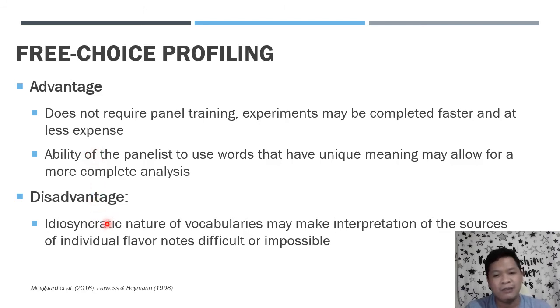Disadvantage obviously would be a harder interpretation because of the individual flavor notes. Kahit ano pang galing ng stat software mo, paano mo i-fit into the picture yung ganong klaseng terms na ano ba talaga meaning na maanggo?